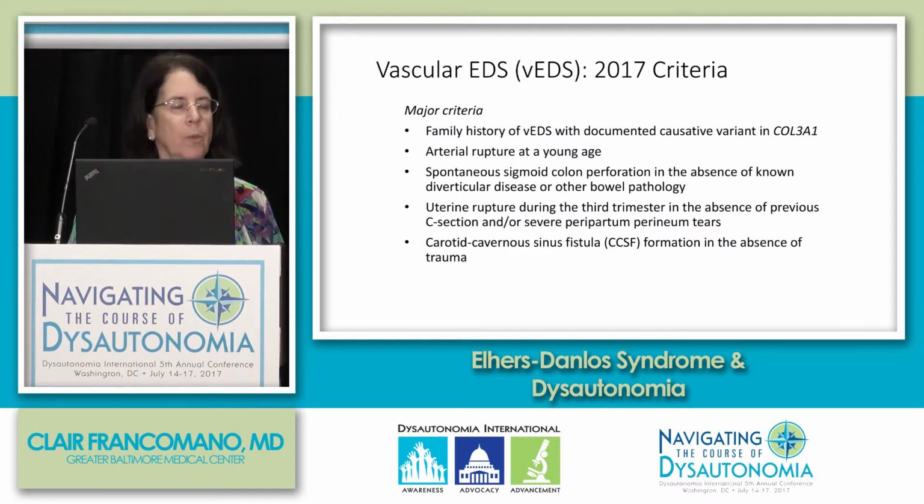So if a person has had a uterine rupture in the absence of a previous C-section, we consider that to be a major criterion. And then there's also another vascular anomaly called the carotid cavernous sinus fistula that may form, and if that's seen in the absence of trauma, that's a big red flag to consider the diagnosis of vascular EDS.